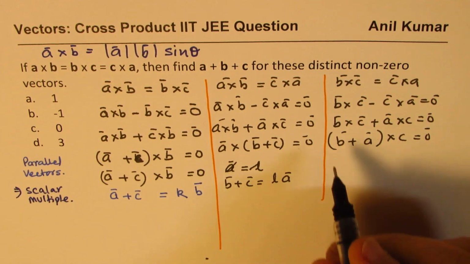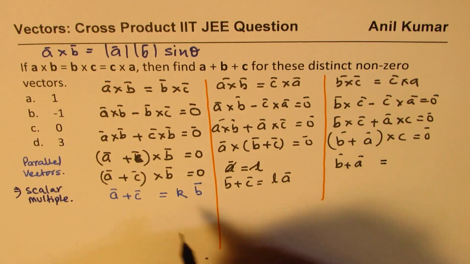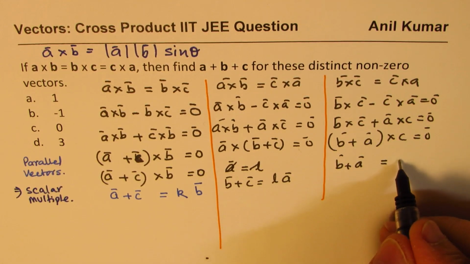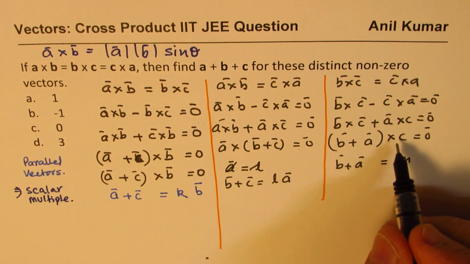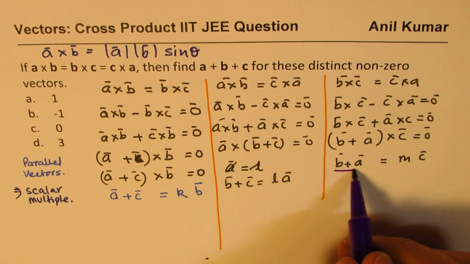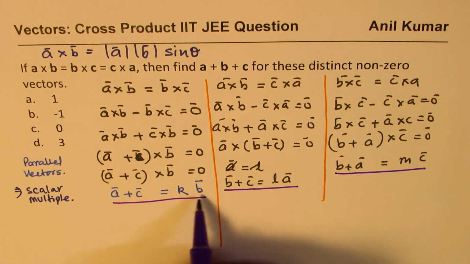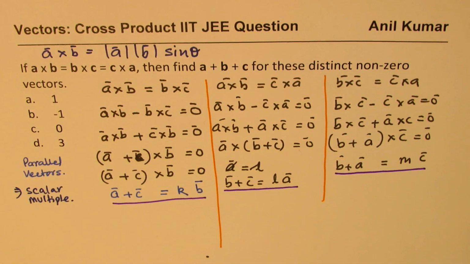So that really means that this sum B plus A is equal to some scalar, let's say M, times the vector C. Correct? So we'll end up understanding that the sum of any two vectors is basically a scalar multiple of the third vector. Correct? That's what we'll end up with.